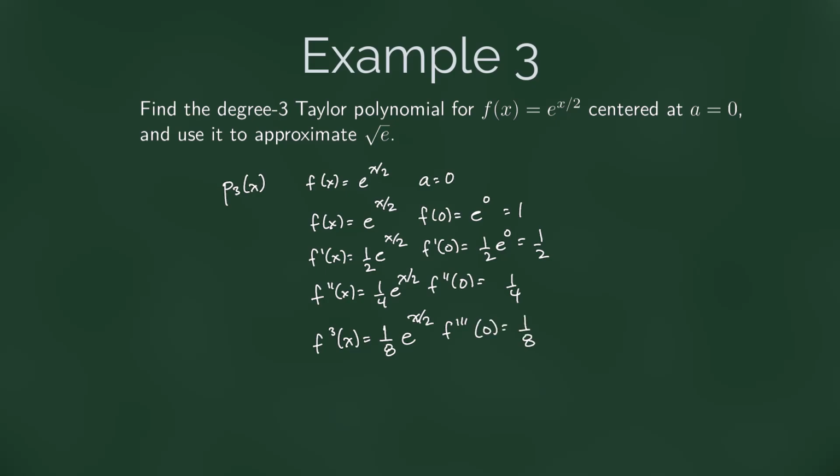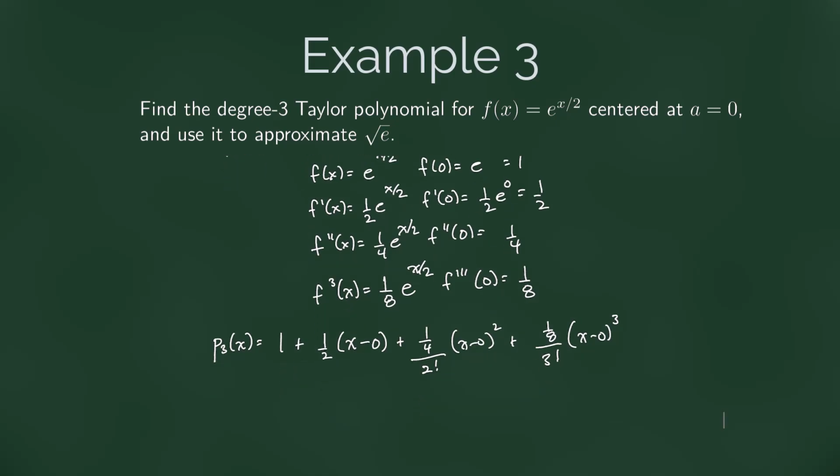All right, so our polynomial looks like f of 0 plus f prime of 0 times x minus a, which is 0, to the first power, plus f double prime of 0, 1/4 over 2 factorial, times x minus 0 squared, plus 1/8 over 3 factorial, times x minus 0 to the third.